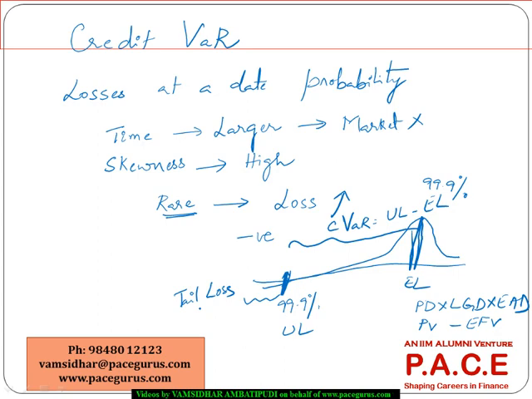And on the other side, there is also a mechanism called jump to default risk, which asks: what if a company defaults right away? What is the amount of loss that is going to occur? We are not even talking about a probability of default here.